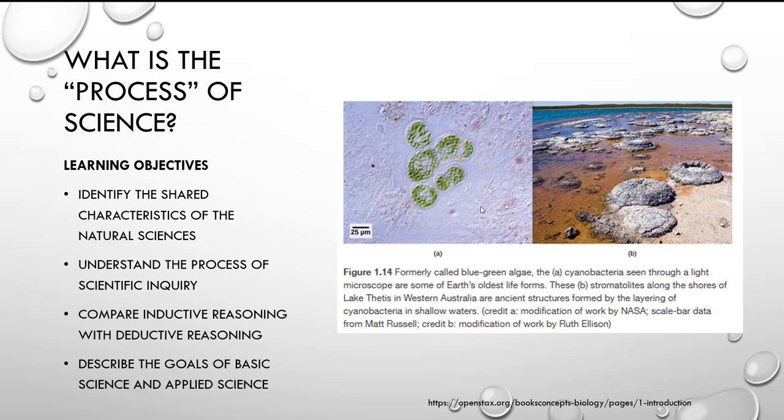We think something like that were the oldest forms of life, a few billion years ago. In this case, these are photosynthetic bacteria called cyanobacteria. Okay, so these we think are similar to the oldest microorganisms of life.